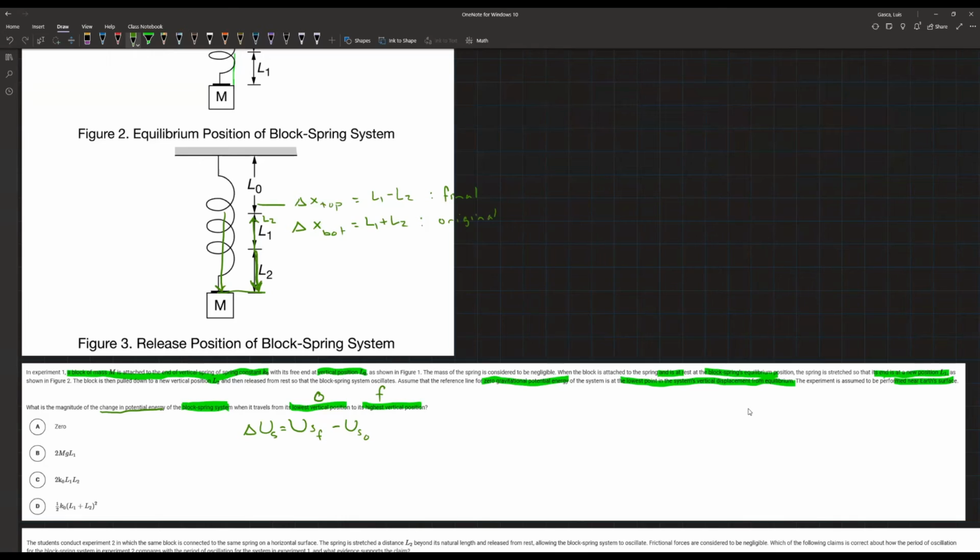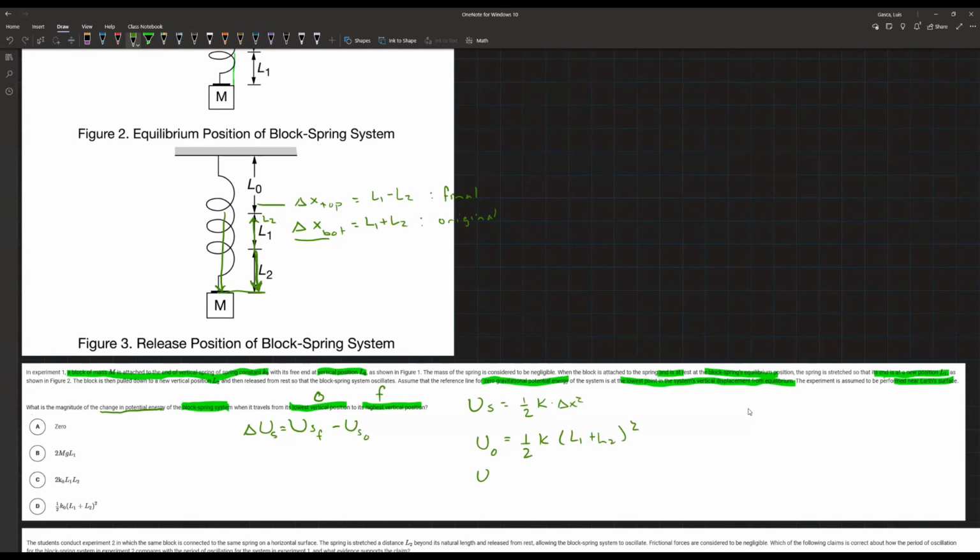Well, what do we do from this? We know that the spring potential energy is given by 1/2 K times delta X squared. So we're going to need to use that. The original spring potential energy is going to be 1/2 K times the displacement to the bottom, L1 plus L2, quantity squared.